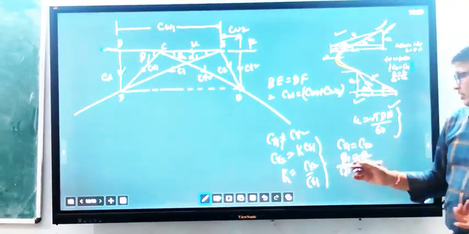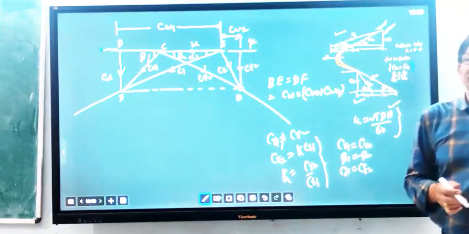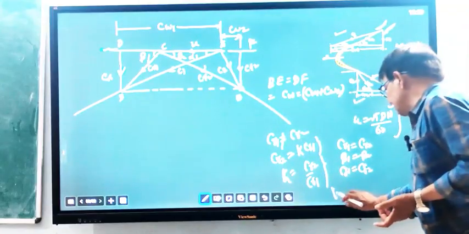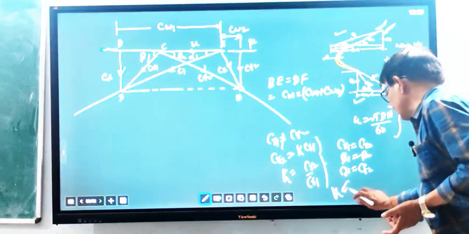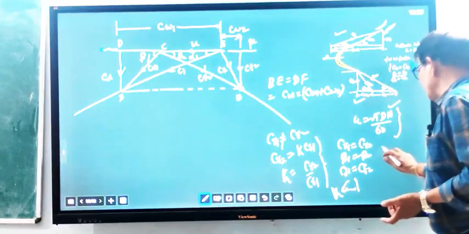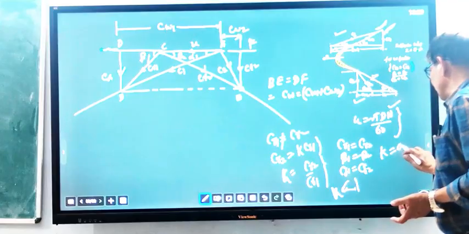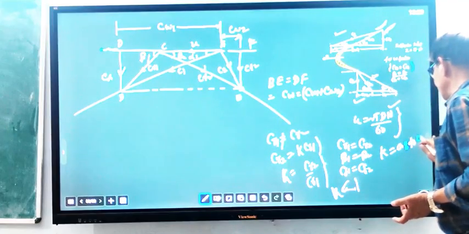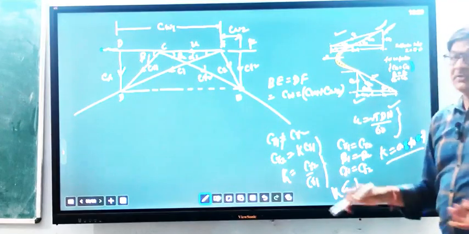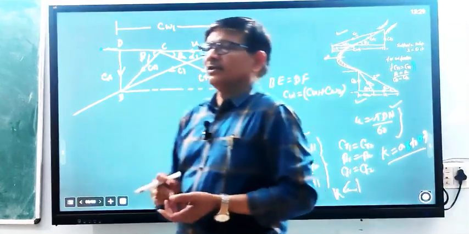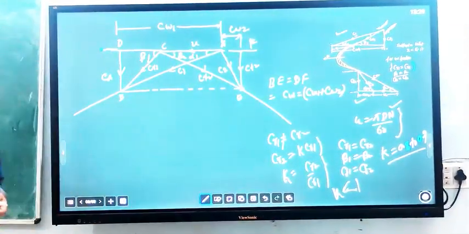This is known as the coefficient of relative velocity. It is always less than 1. Generally the value of K lies between 0.8 and 0.9 in actual working of the steam turbine.